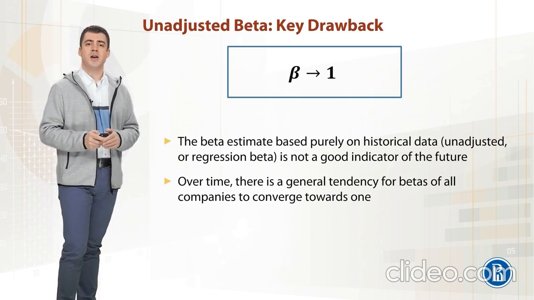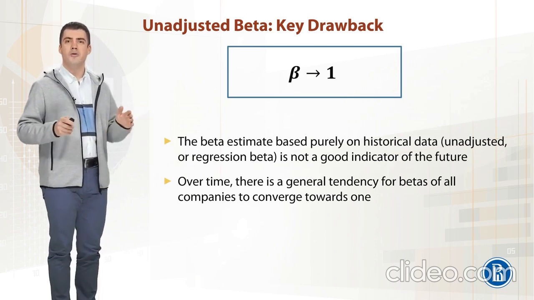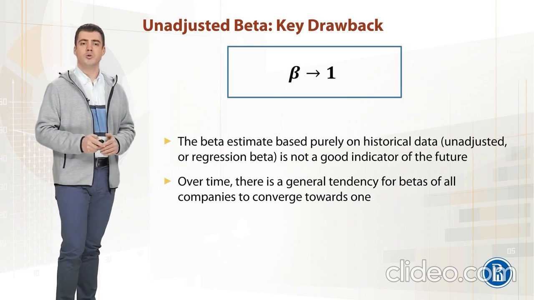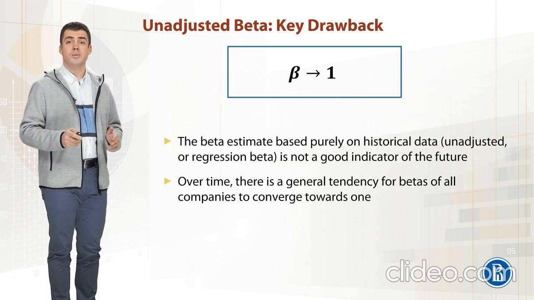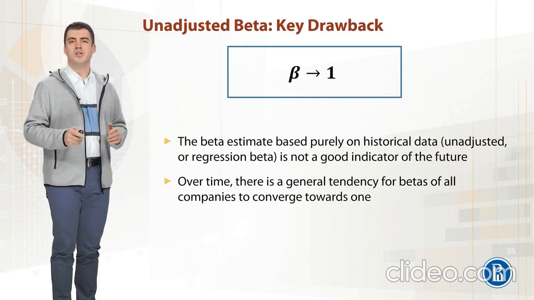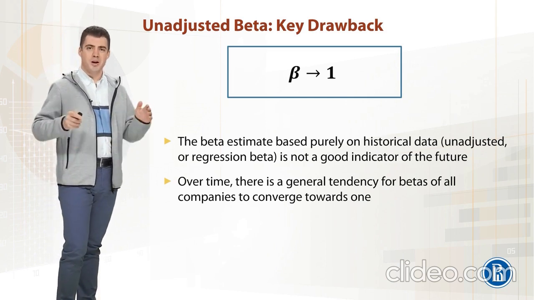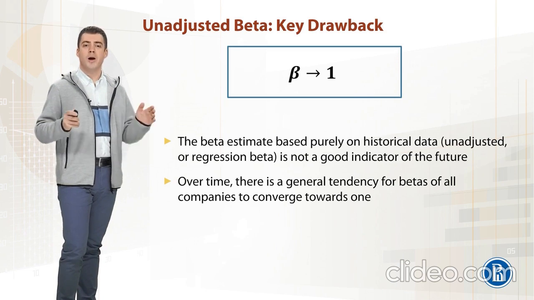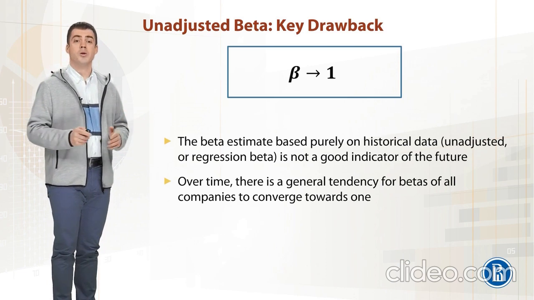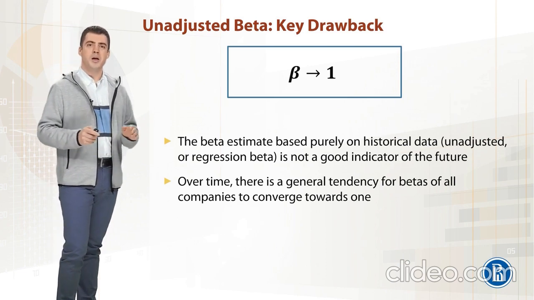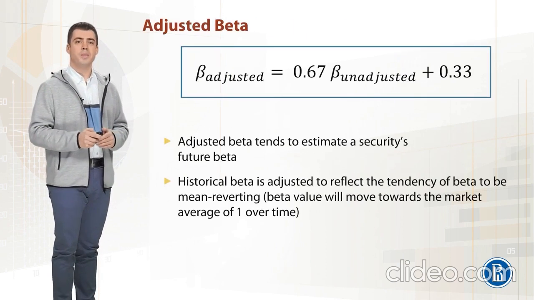Research suggests that over time there is a general tendency for betas of all companies to converge towards one. Intuitively, it should not be surprising, because most companies tend to grow in size, become more diversified, and own more assets. Over time, their beta values fluctuate less, resulting in what is called beta mean reversion.